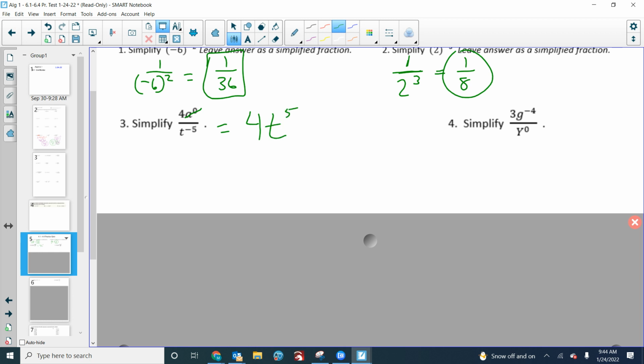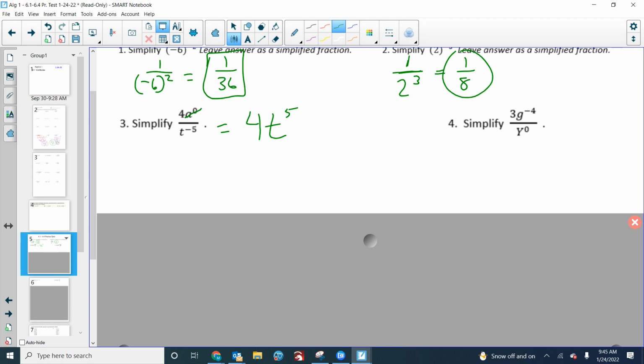Am I done? No. You are. That's all you can do. What else can you do there? Put a 1 under it. If there's nothing in the denominator, don't put a 1 there. Now, if there's nothing in the top, everything's in the bottom, you have to put a 1 in the numerator. But if it's the other way around like this, just leave it like that.